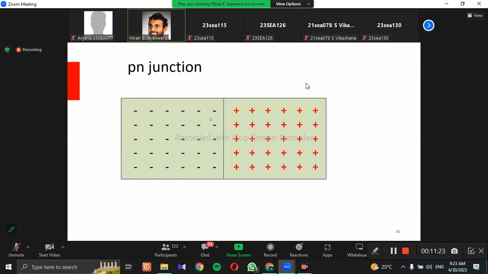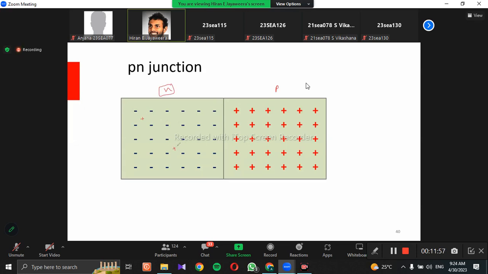So we have free electrons on this side and free holes on this side. Those are the majority carriers. Of course, in the N side you can also see a few free holes. Let me put P and N here. This is the N side and this is the P side. In the N side there are a lot of free electrons, but still a few free holes are also available.